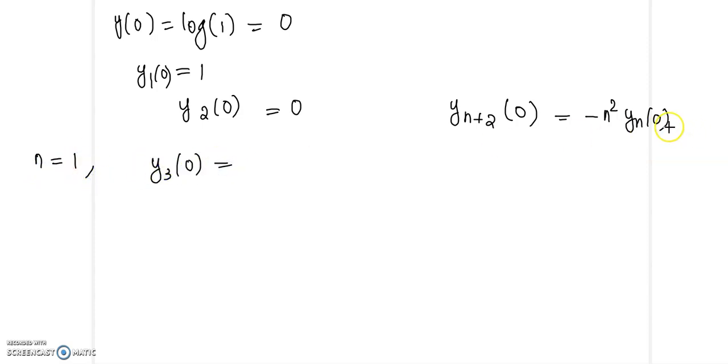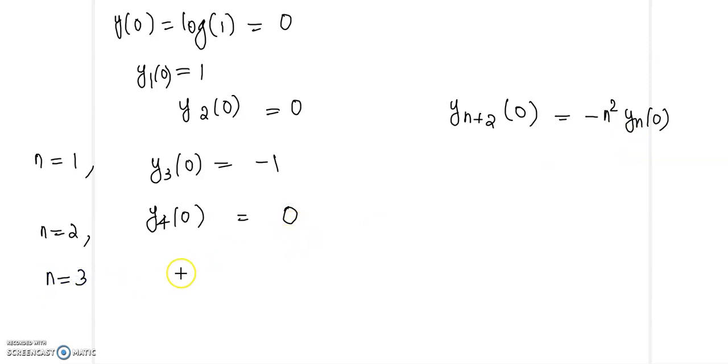y3 will be in terms of y1, so that will be minus y1 of 0, which is equal to minus 1. Then y4 of 0, when n is equal to 2, will be in terms of y2 of 0, so that is equal to 0.